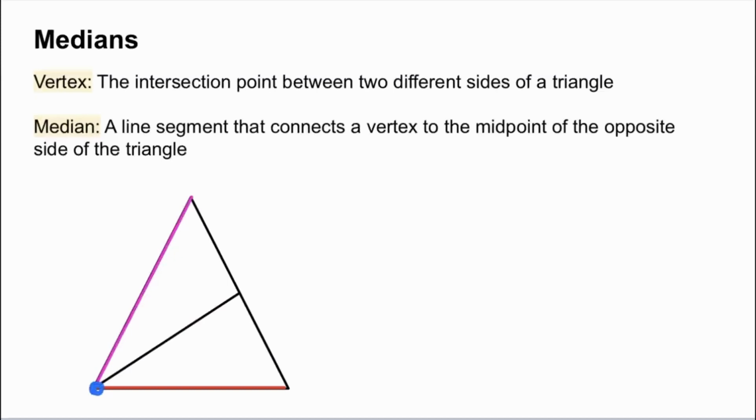This is a vertex. It's basically these points of the triangle, and every triangle will have 3 vertexes. We have one there, one up here, and one down here.